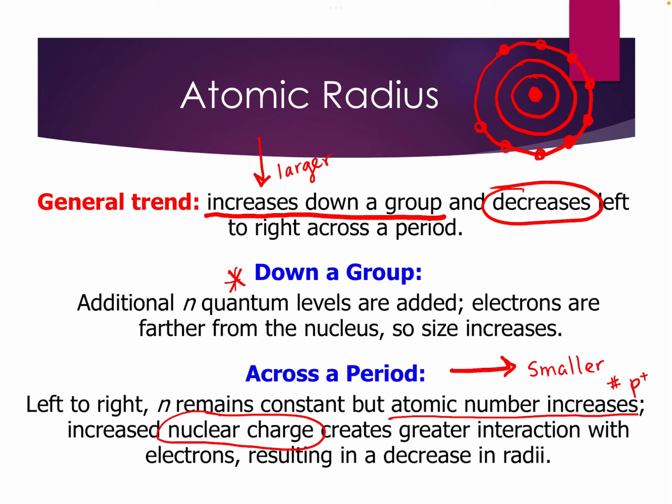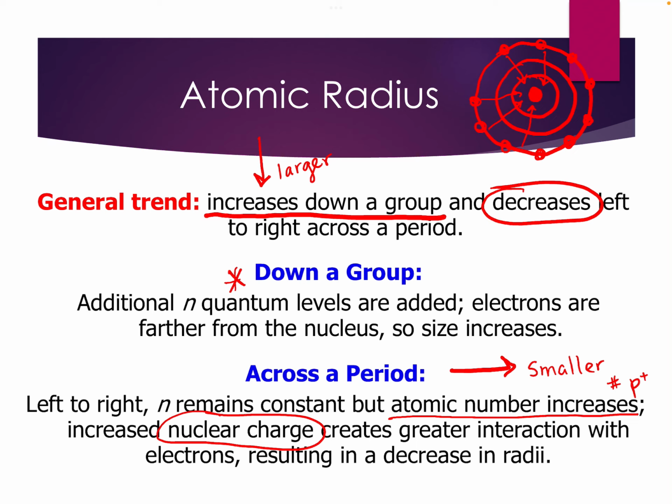So as we add electrons to the same energy level, and as we add more protons to the middle, there's greater attraction in toward the nucleus. Okay, so that greater attraction actually serves to shrink our atom. So instead of getting bigger when we're adding protons and electrons, it gets smaller because there's an increased attraction between the nucleus and those electrons in the outermost energy level. So again, once we start talking about it, I think this starts to make more sense, right?